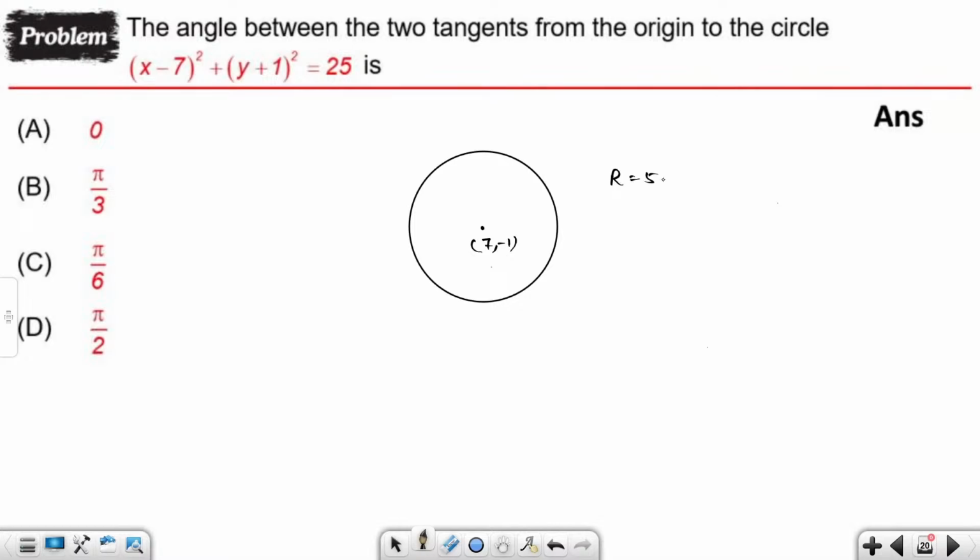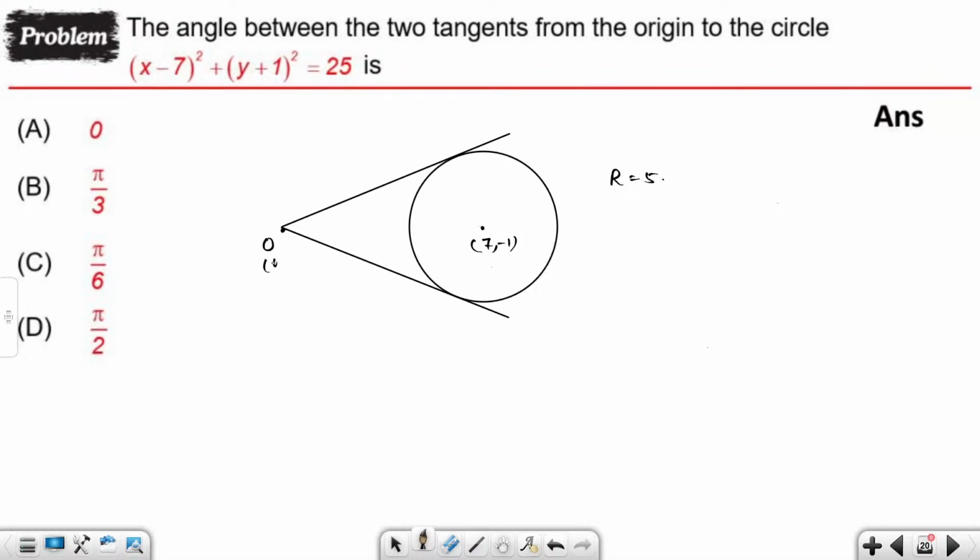Now what is the angle between the two tangents drawn from the origin? Your origin is outside the circle, and from this origin you are drawing two tangents. Is it clear? This is our origin.